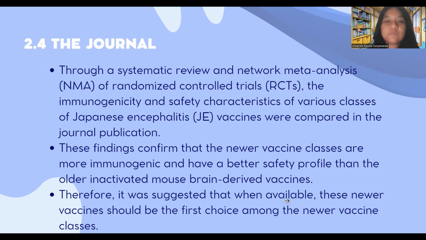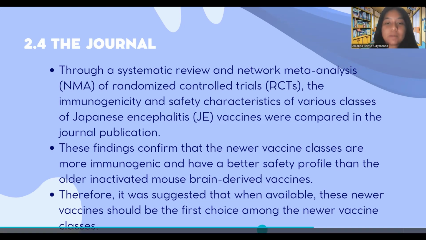These findings confirm that the newer vaccine classes are more immunogenic and have better safety than older inactivated mouse brain-derived vaccines. Therefore, it was suggested that when available, these newer vaccines should be the first choice among the vaccine classes.